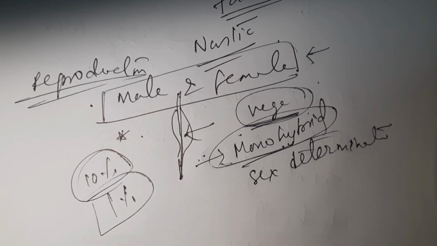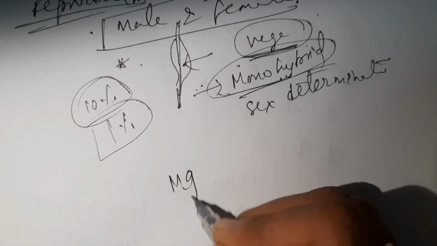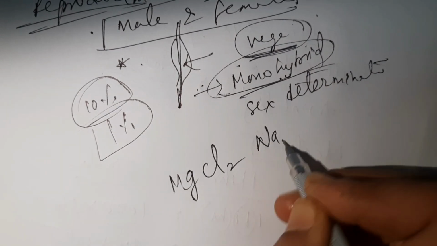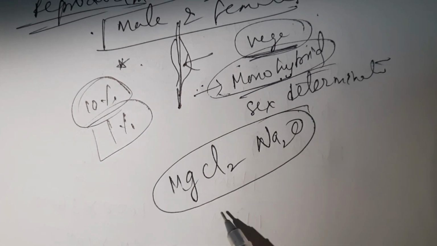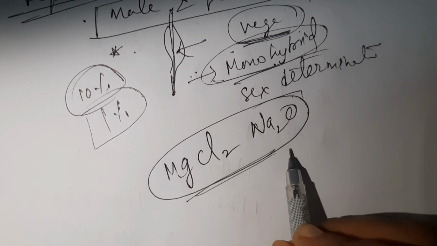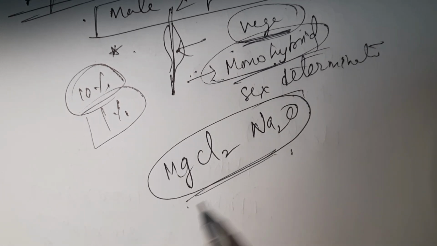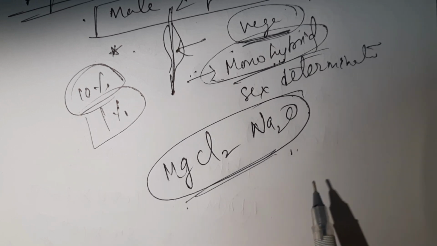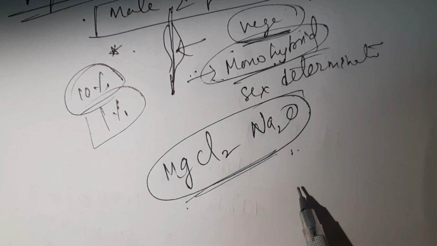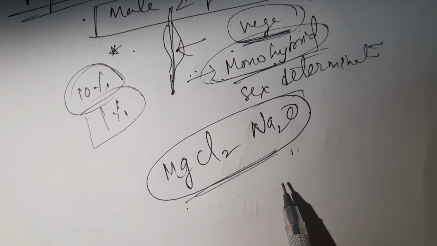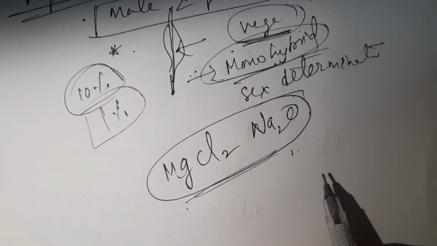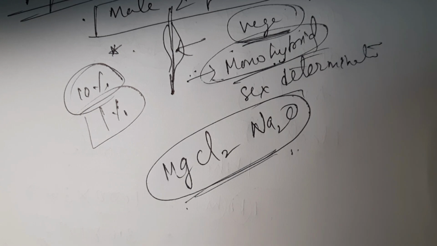Moreover, formation of magnesium chloride and Na2O. From metals and non-metals, you can concentrate on this question. Formation of magnesium chloride and Na2O, and electron dot structures are important. They will give the name and ask you to write the structure, or the structure will be given and they can ask the name. So these are the last minute preparations which you are going to do tomorrow.